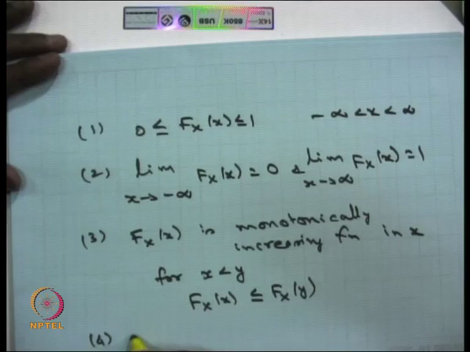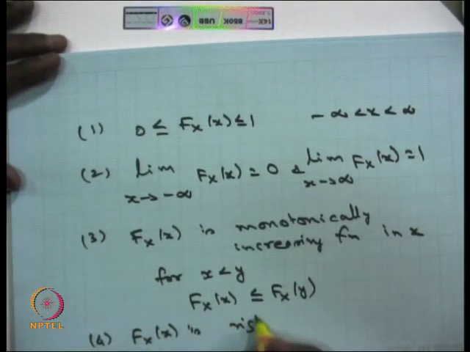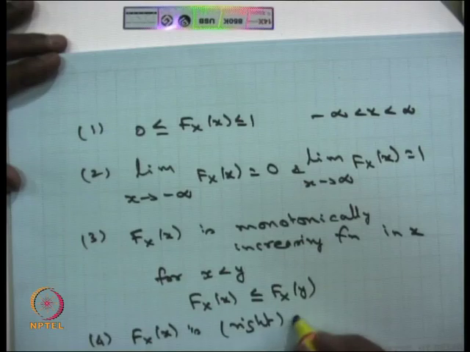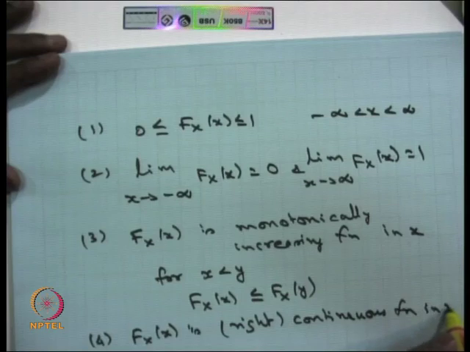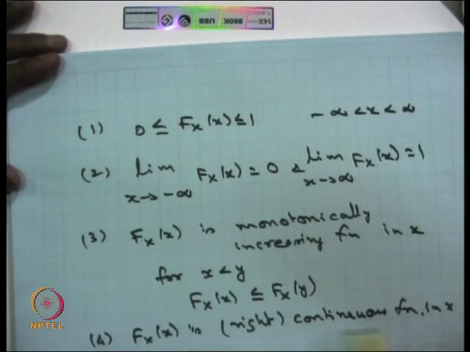The fourth one is that it is a right continuous function in x. That means either it is a continuous function, or if it is not continuous, it is right continuous.